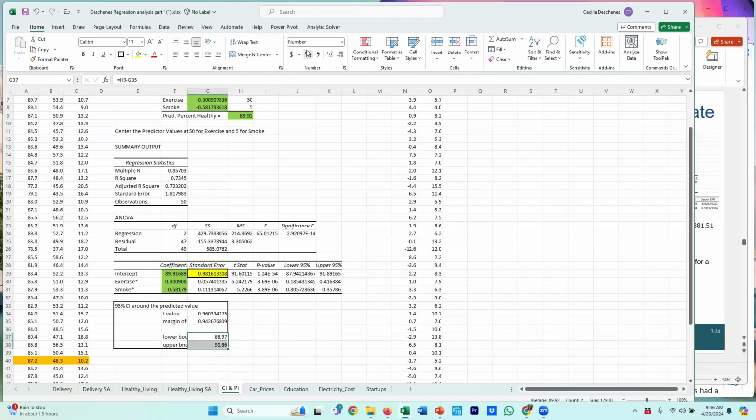We could round these if we wanted to. I forgot that the numbers are actually percentages already. So let's just go from 89% to 91%, we could say, is where we expect the improvement in the percentage of people in Rhode Island that would be considered healthy would end up.